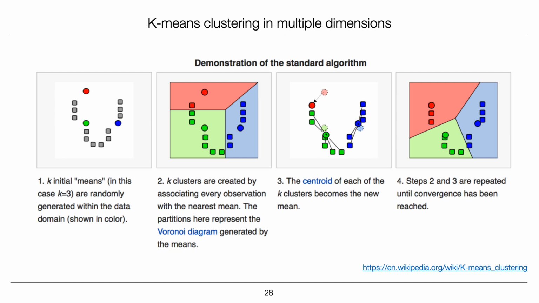In mathematics, a Voronoi diagram is a way of partitioning the space into regions that are close to a given set of points. In our case, the 3 cluster centers. In step 3, the new assignments of all data points are then used to update the cluster centers. We repeat steps 2 and 3 until convergence.